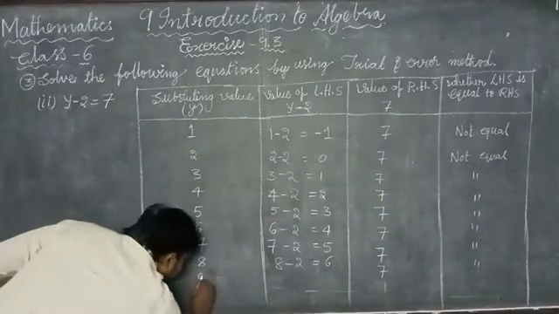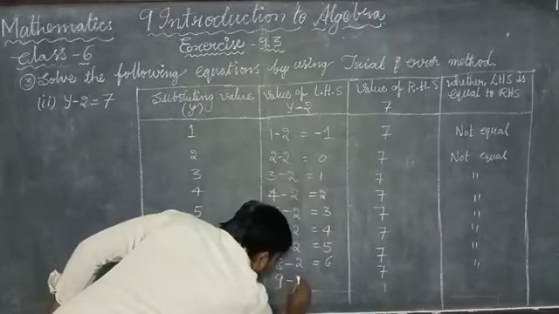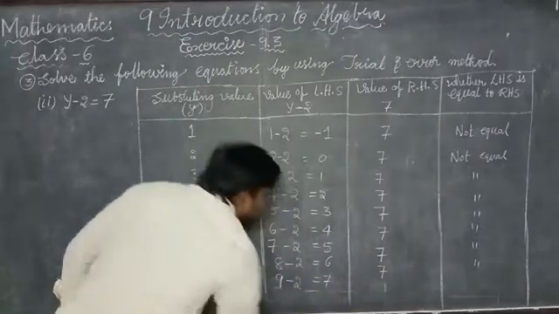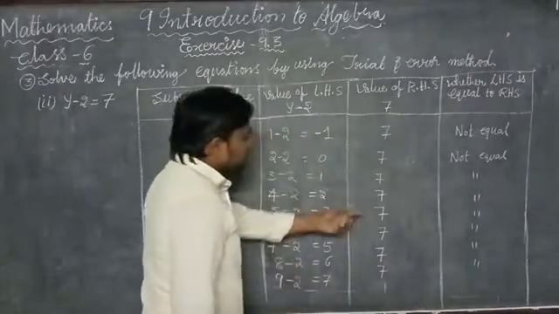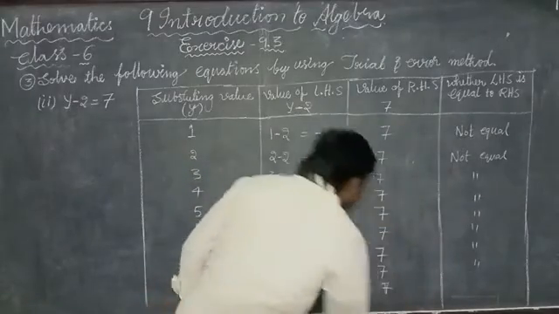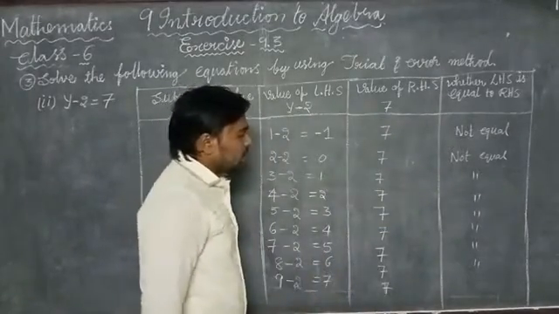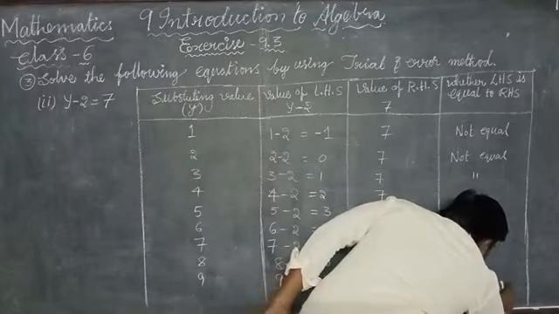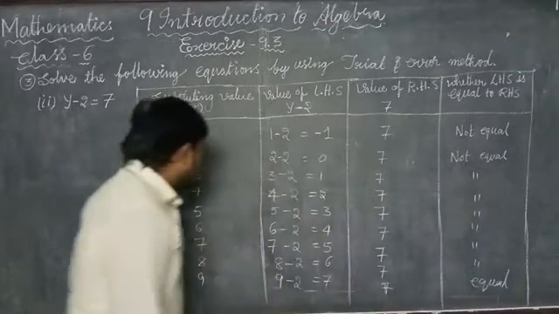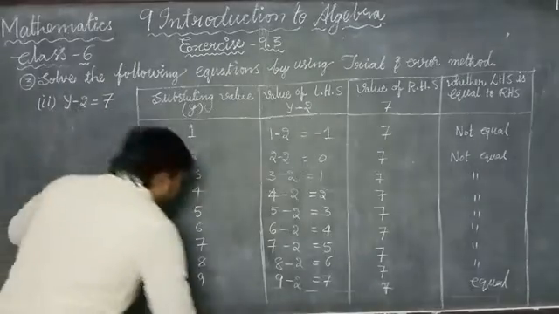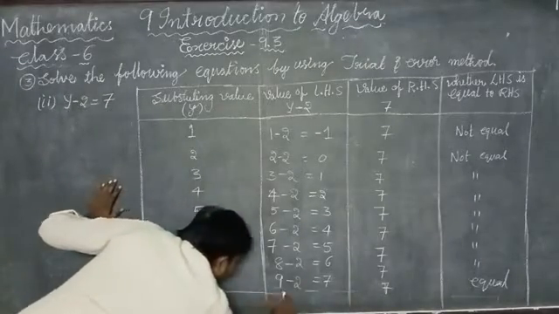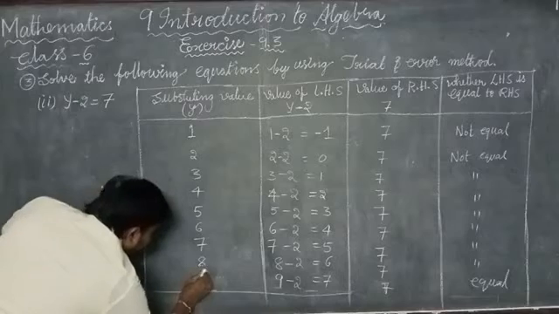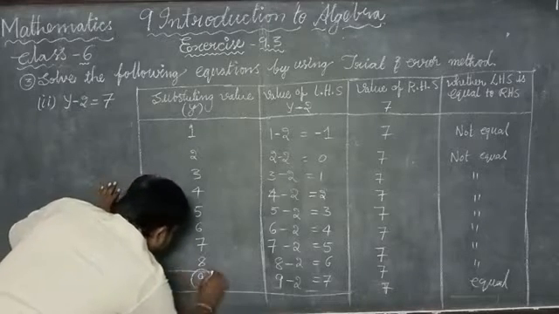And 9. 9 minus 2 equals 7. Here LHS is equal to 7, so they both are equal in this case. So here we write equal. If you observe, the value of y here is 9.